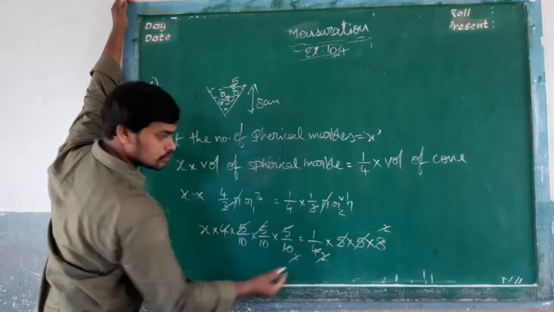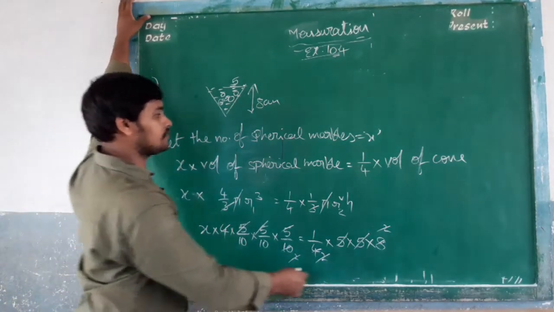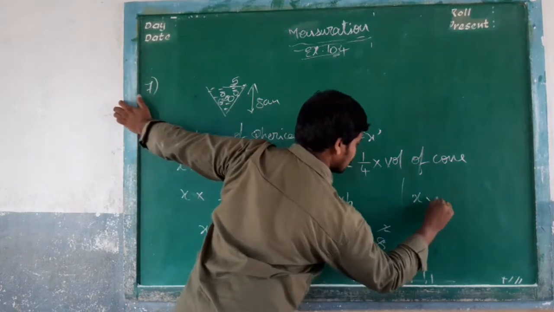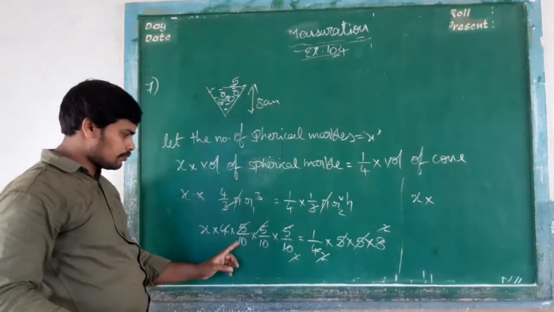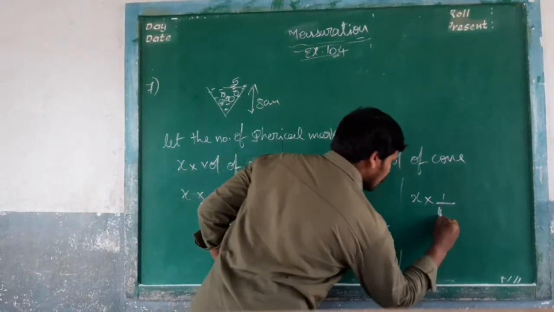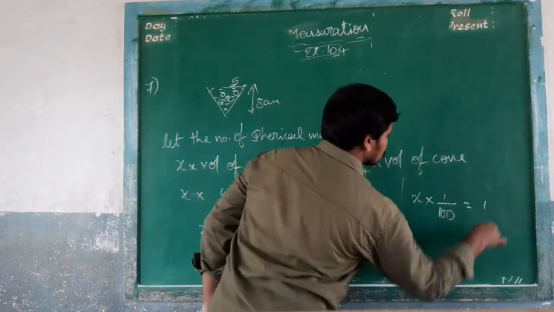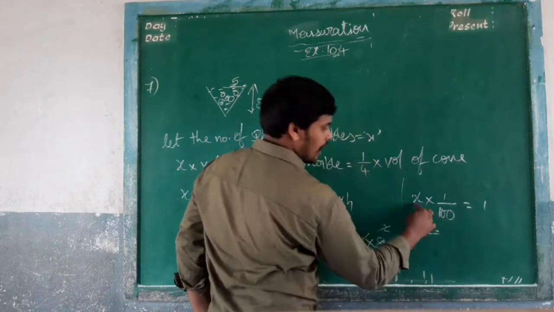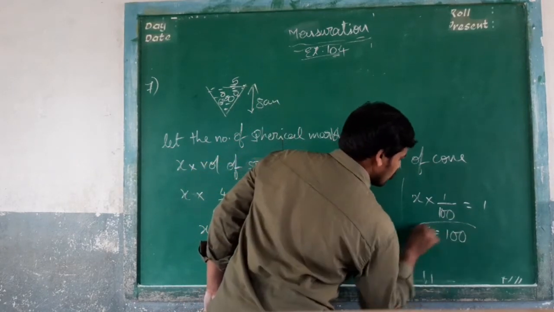The 2 also cancels. So 10 times 10 is 100, and x times 1/10 times 10 cubed... so x equals 100.